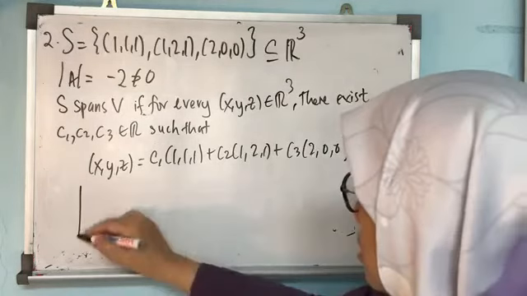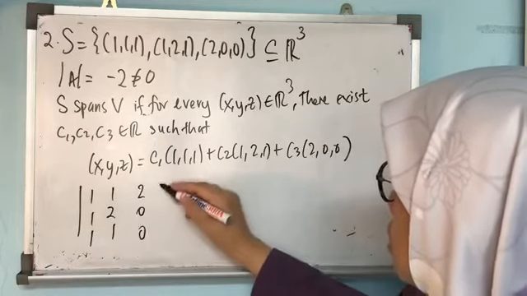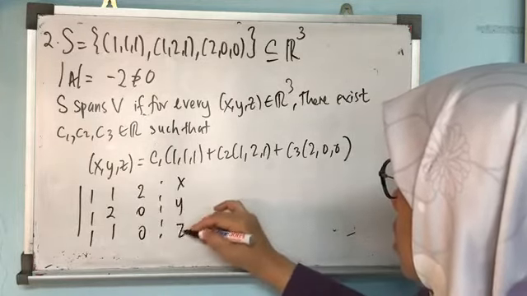This gives the matrix 1, 1, 1, 1, 2, 1, 2, 0, 0 with X, Y, Z.